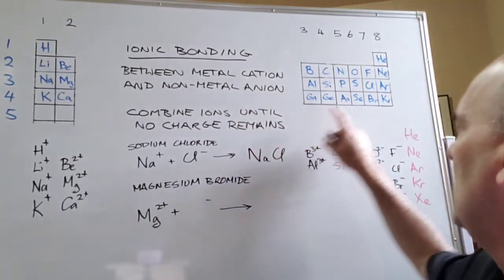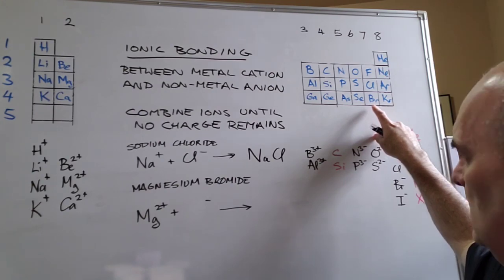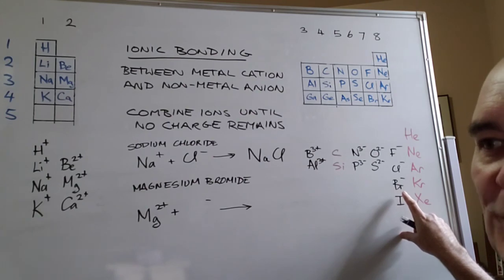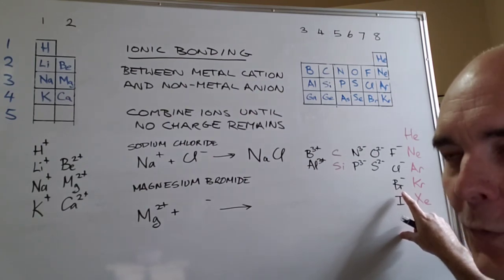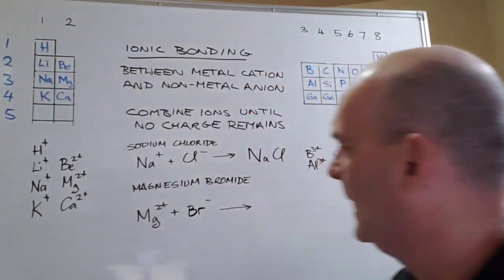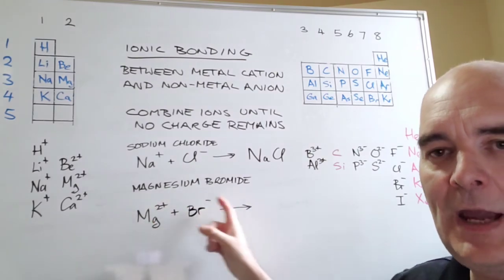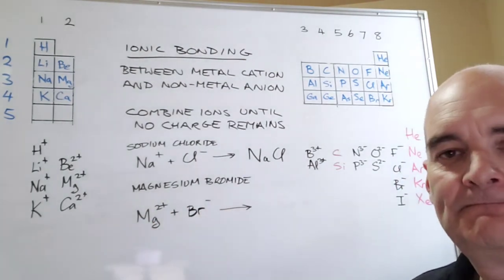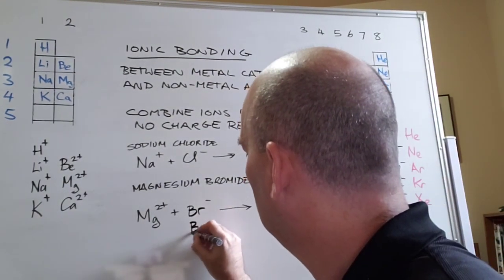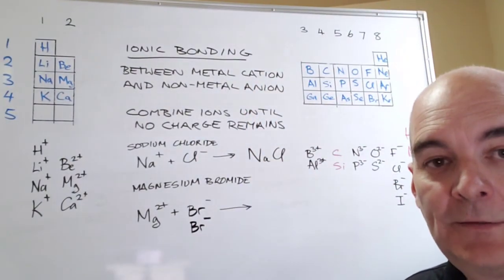So I look on the periodic table, I find bromine is in group 7, and because everything in group 7 undergoes a 1 electron reduction by gaining 1 electron to go negative, 2 pluses doesn't cancel out 1 minus. I'm going to need another bromide.